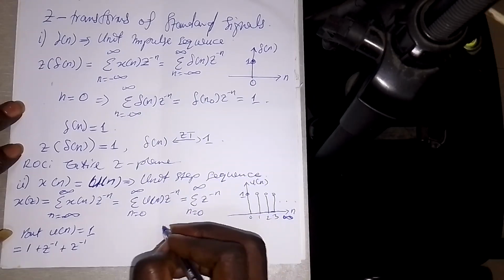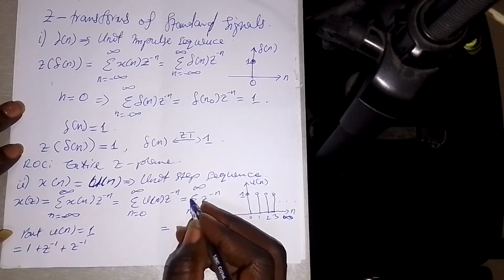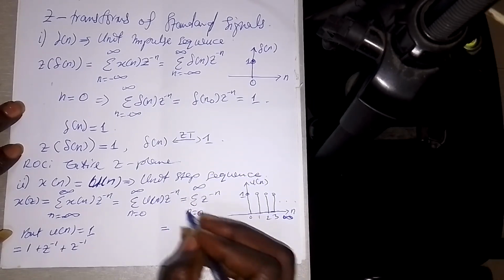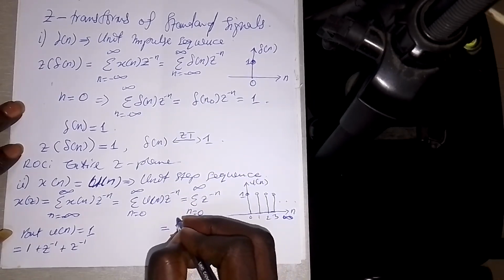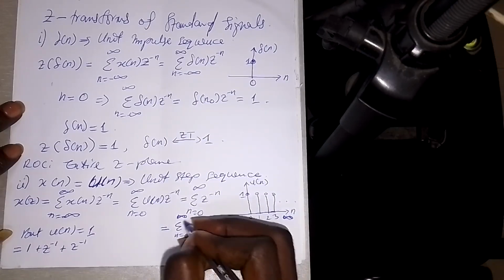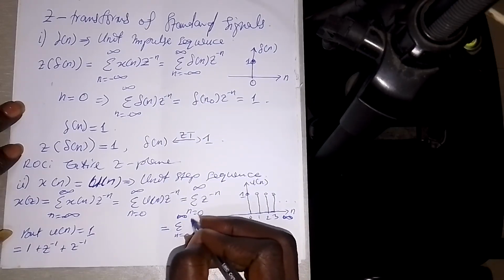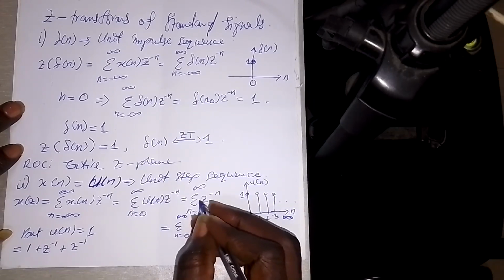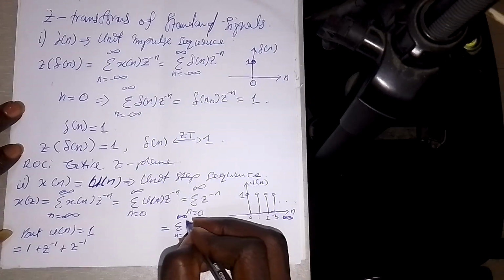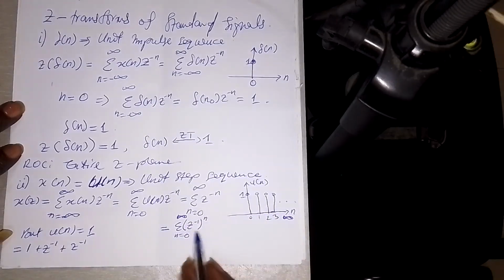Because actually, I can rewrite this function in this particular manner: the summation up to infinity, n equals 0, of z to the minus 1, to the power n.